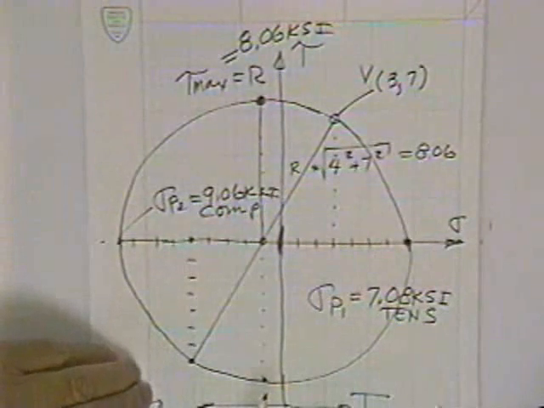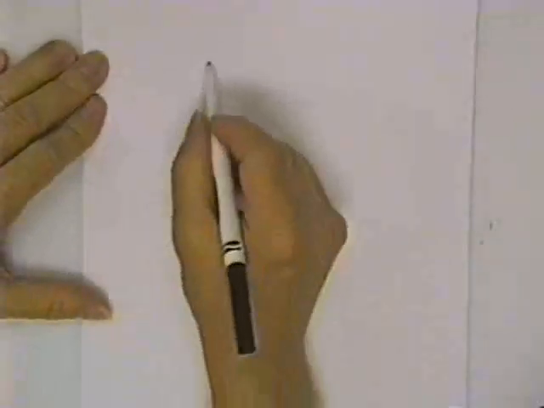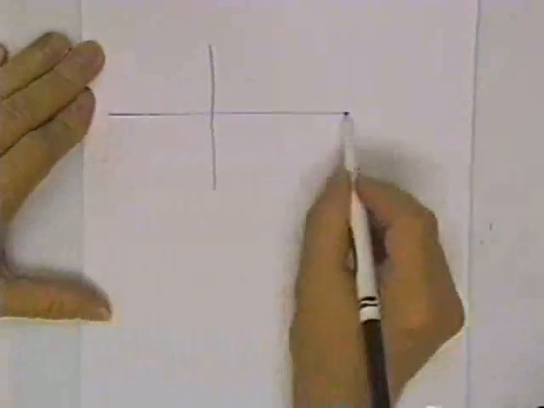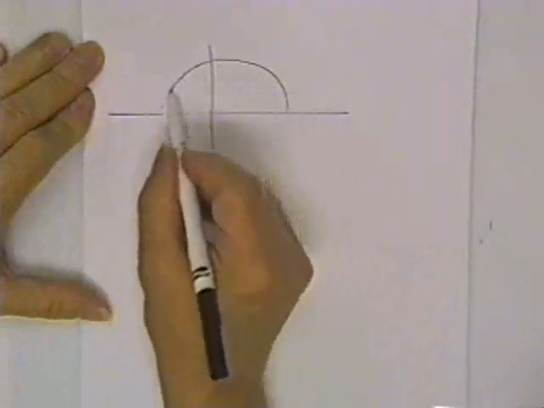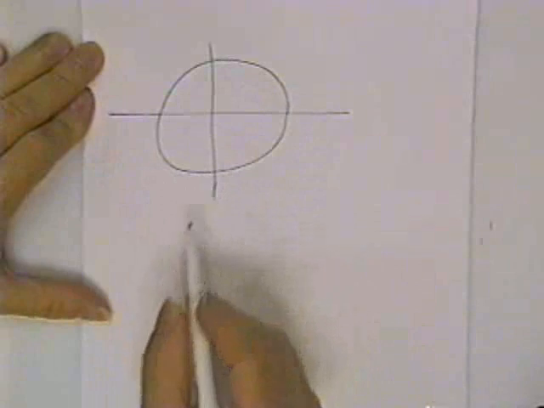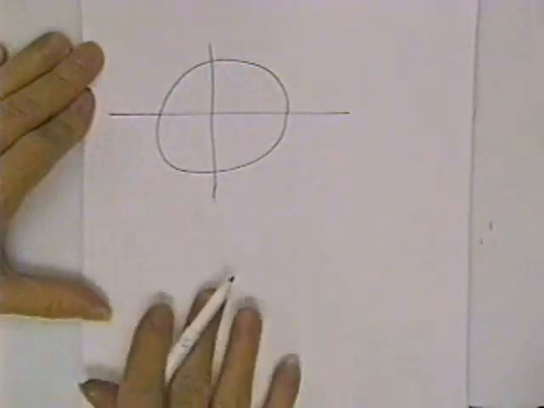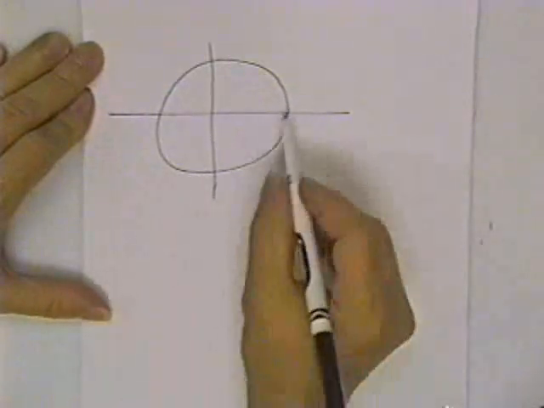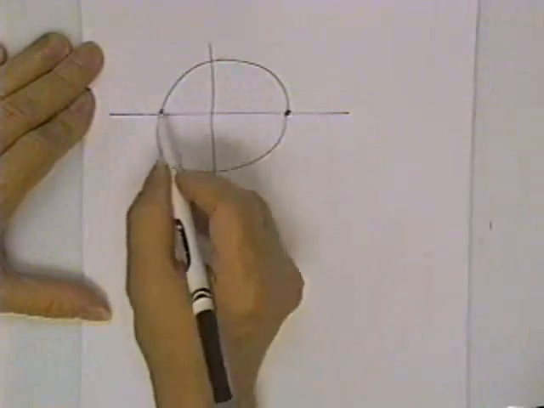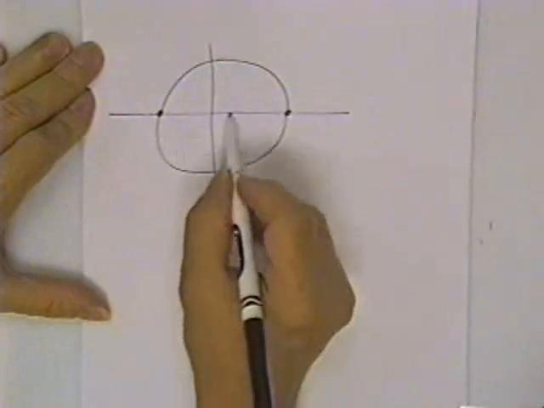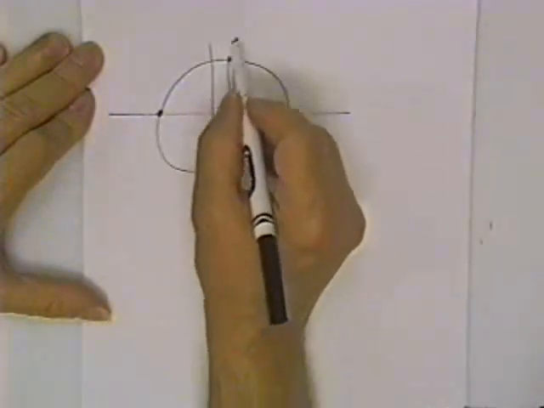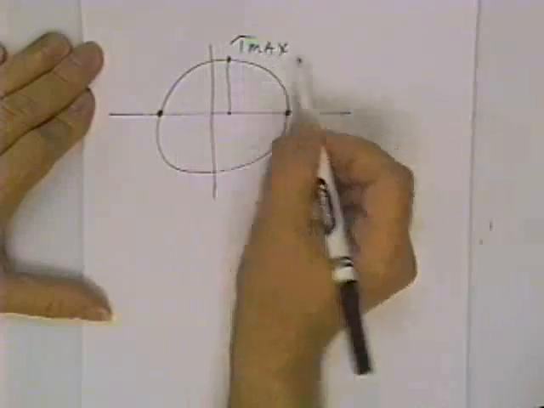Now, let me tell you one more thing. I'm not going to tell you why, but you do need to remember it. If you ever plot a Mohr circle that looks like this, that's really the stress in the plane that you're drawing. This is sigma P max, this is sigma P min, this is tau max.